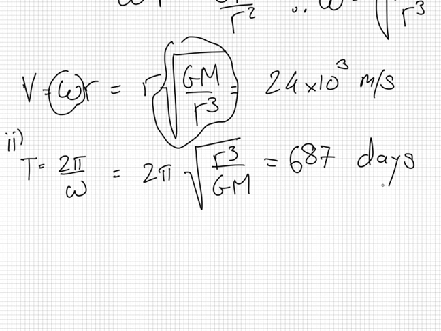Great. That's not that difficult. It's more than 687. Let's read the question very carefully then. Determine the time in Earth days for Mars to complete one orbit of the Sun.